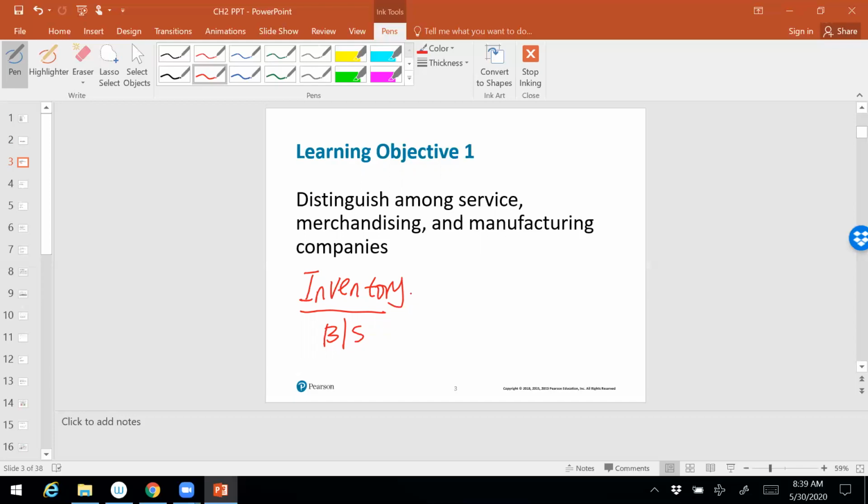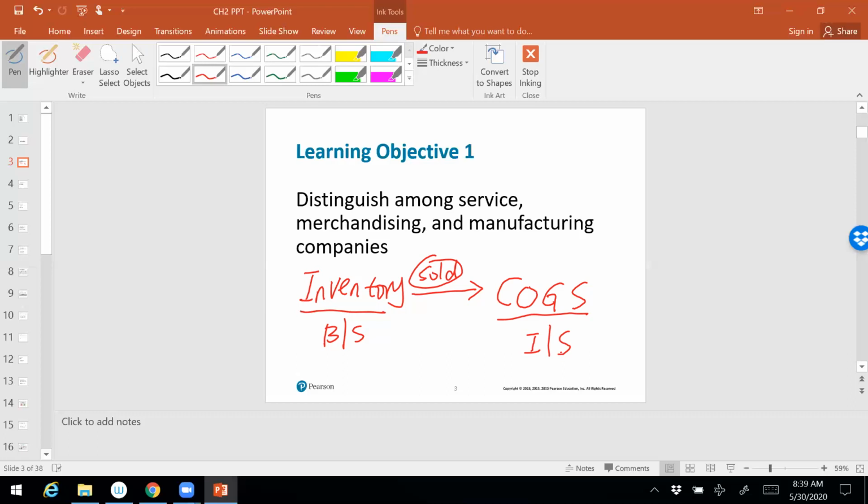Because when you sell your inventory, it will become cost of goods sold. When you sell your inventory, okay, you have to sell your inventory, it will become your cost of goods sold and will be part of your income statement. Why is the income statement important? It's kind of asking why your points are important, right?